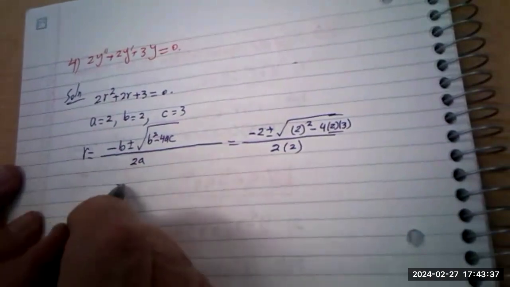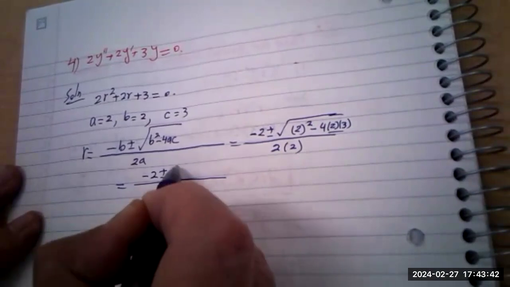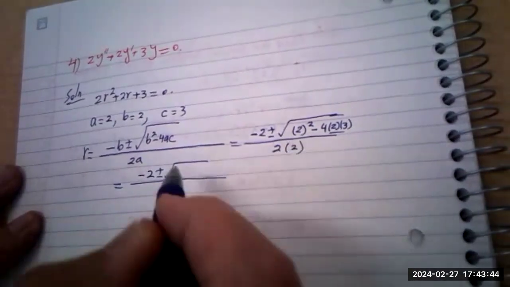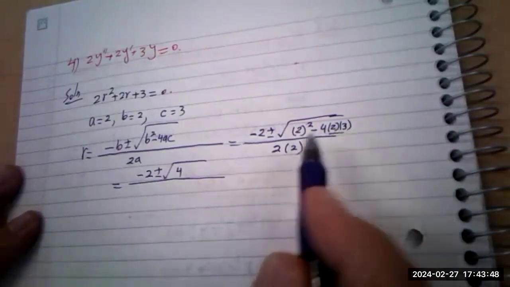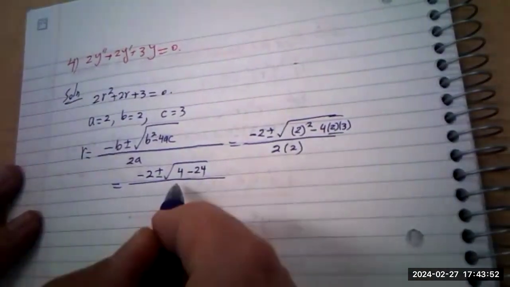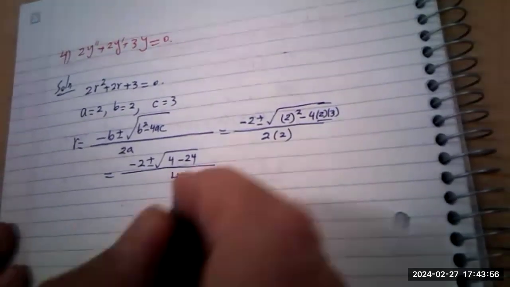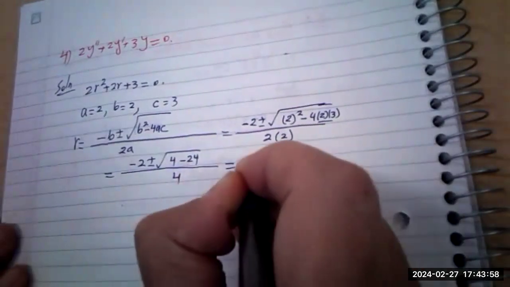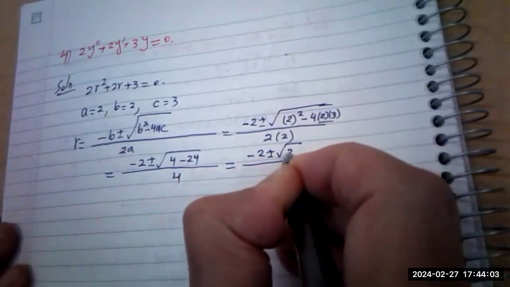Simplify inside the radical. 2 squared is 4, 4 times 2 is 8, 8 times 3 is 24. Divide by 4. That gives me negative 2 plus or minus the square root of negative 20.